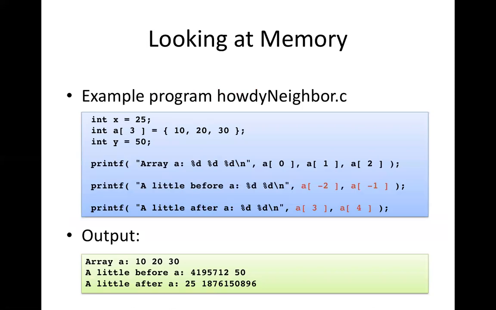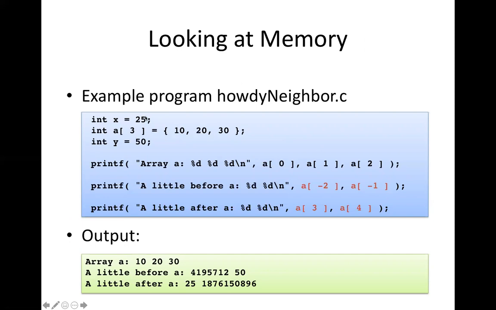We can show this. I wrote a little sample program. It's a bad program because it accesses memory off the end of the array, but it does show the kind of thing that I'm talking about. Here, I wrote a function that makes an array with 3 elements.